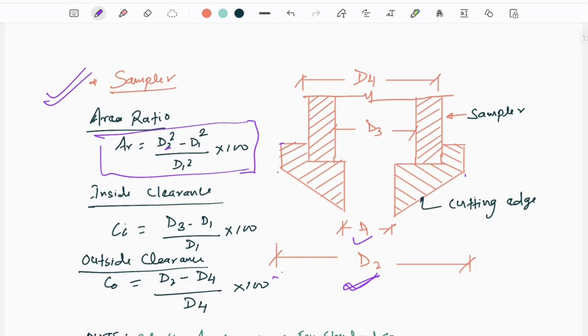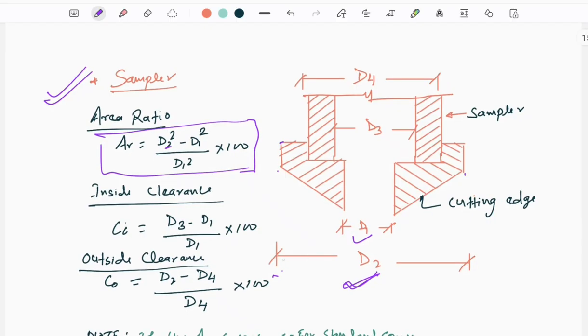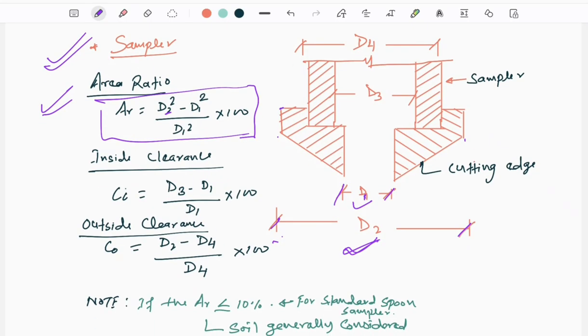So d2 square minus d1 square divided by d1 square is called area ratio. And if you want to calculate the inside clearance, then Ci is equal to (d3 minus d1) divided by d1 into 100, where d3 is the inner to inner diameter.